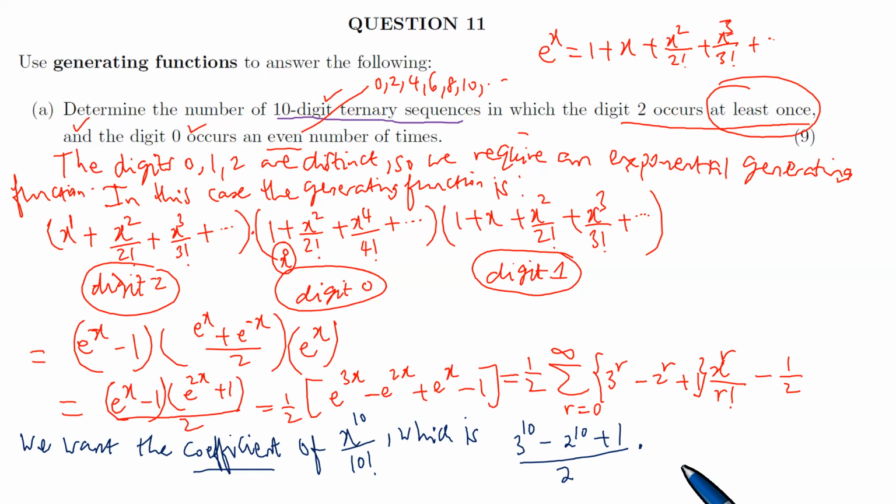Question 11 was the last question. So tomorrow we're going to start by doing part B, which is also a little bit long, but we're using generating functions. Most of these questions that can be done using generating functions can be done using recurrence relations, the an equals an minus 1 and so on.